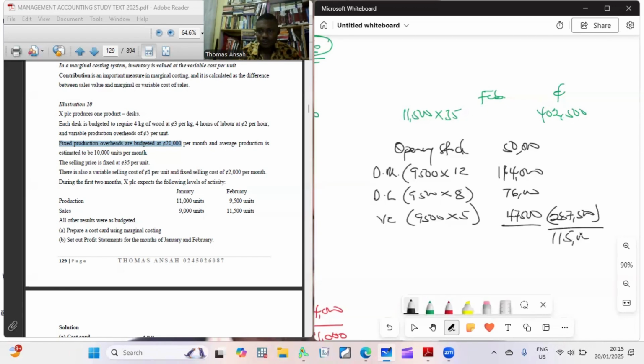That is 115,000. So we less all our fixed costs. Fixed cost is 20,000, right? And 2,000 every month. So the fixed production one, then the fixed variable one. All right, that one was 2,000. So let's take away 22,000.